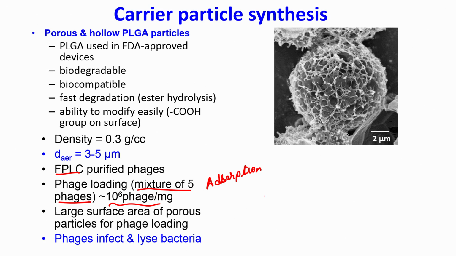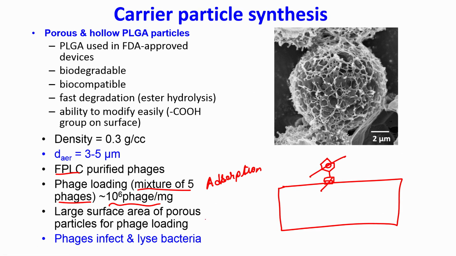It is important to note in this case they are using a mixture of 5 phages, and the reason they want to use mixture of phages is because let us say this is the bacteria and let us say this is a phage. So maybe there is a receptor on the bacterial surface to which phage goes and binds. So if they only use one type of phage, what will happen is the bacteria can potentially mutate this receptor to which then the phage cannot bind.